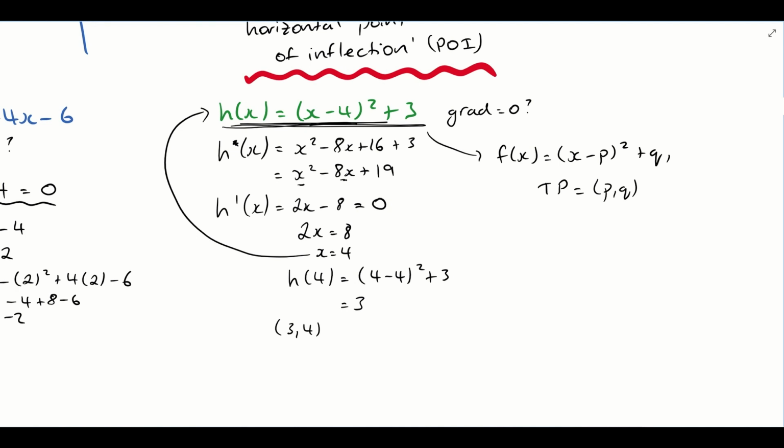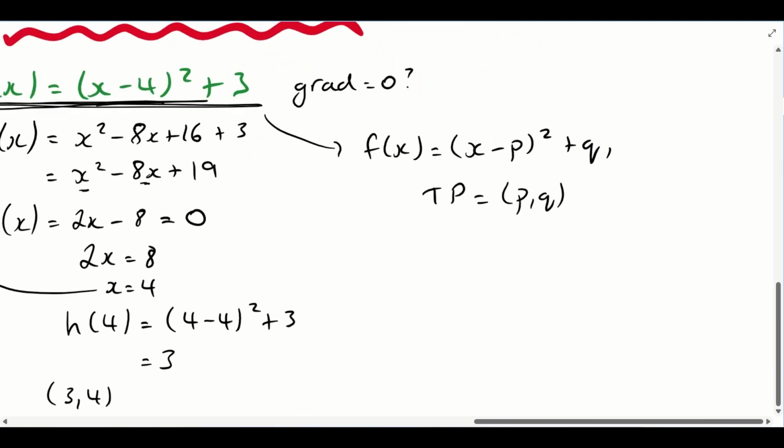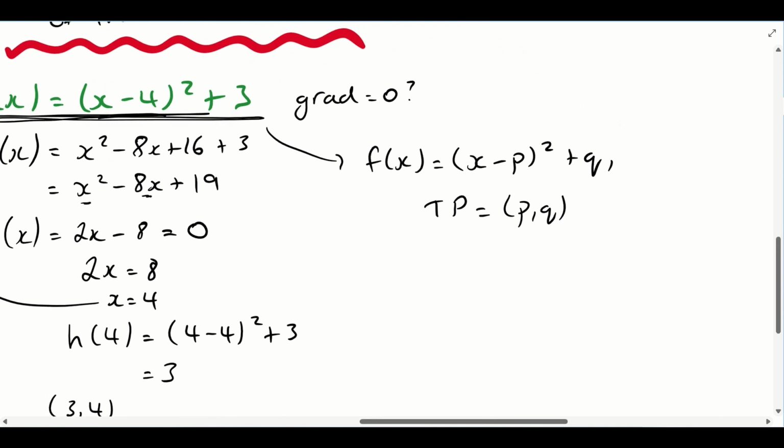So we should expect that the turning point in this case, which is a critical point, like a maximum or a minimum, they're turning points, is p comma q. So with x take 4 squared plus 3, this is our p, and the 3 is our q. So we should be labeling our turning point as 4 comma 3.